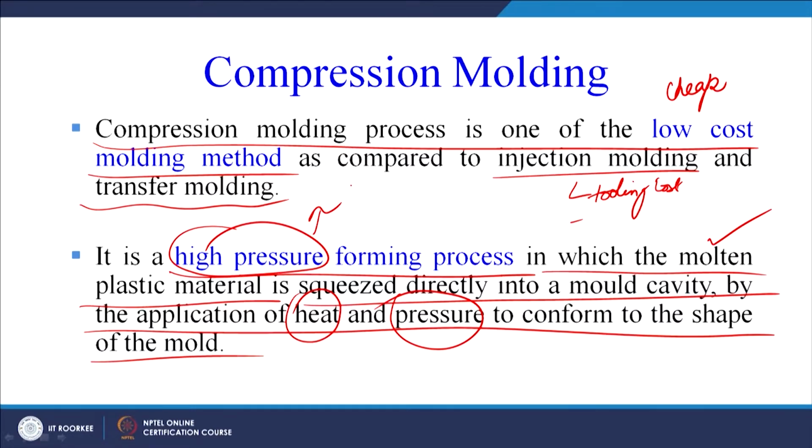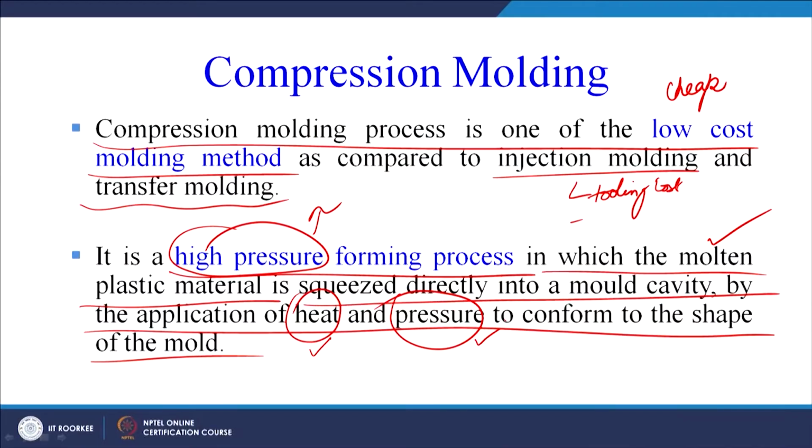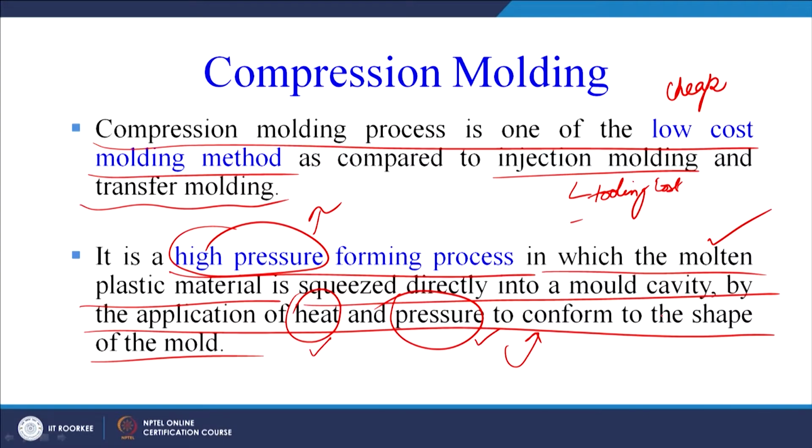We will give a shape to the plastic by compressing it in the two halves of the mold, and finally we will try to optimize the heat input as well as the pressure that we are applying to make the product. Why are we applying the pressure? Because in the mold cavity our plastic will conform to the shape of the mold.